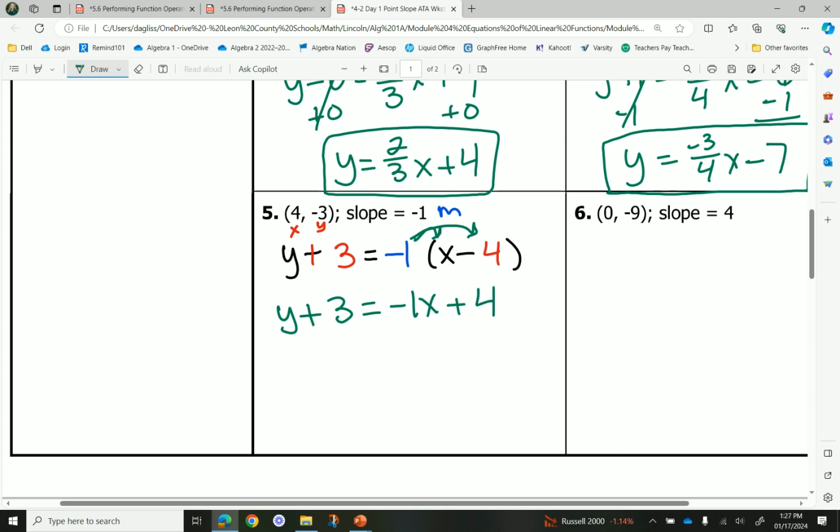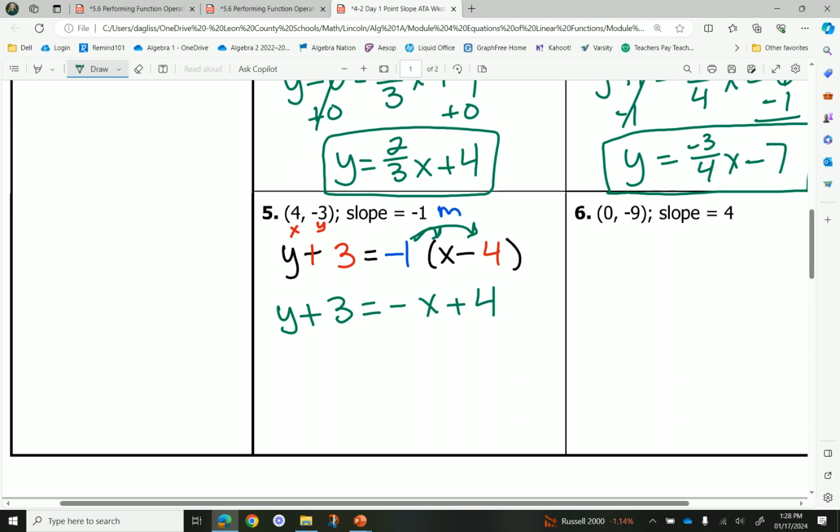Do I have to write negative 1x? It could just be negative x. Both are correct. The state of Florida is going to like that one better. You will get the same answer, but the way they're going to want you to write the answer, they're not going to want the 1 there.